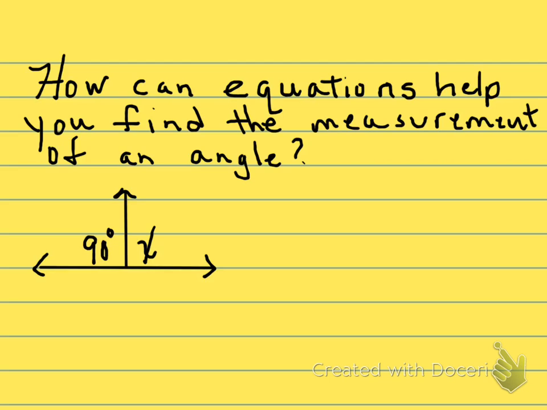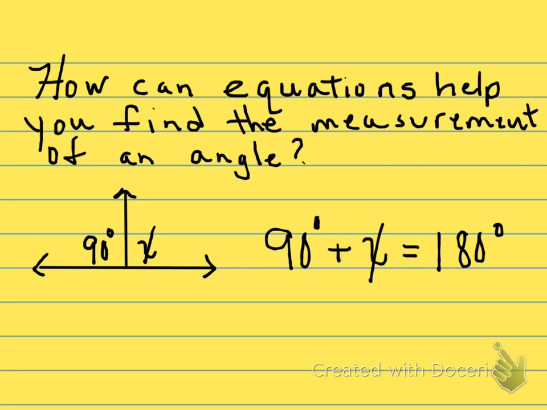An equation can help find the measure of the unknown angle. We're going to model this to write the actual equation. 90 degrees plus x equals, yes, that looks like 180 degrees, a straight angle.